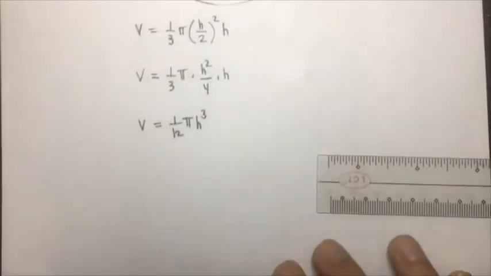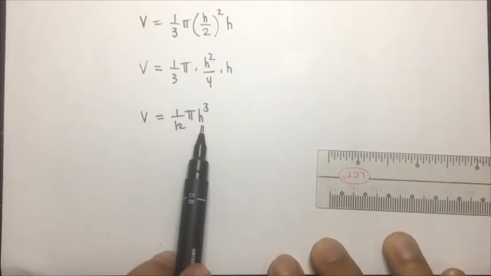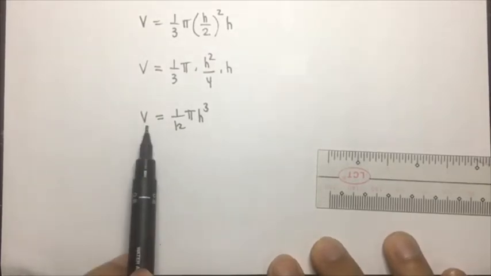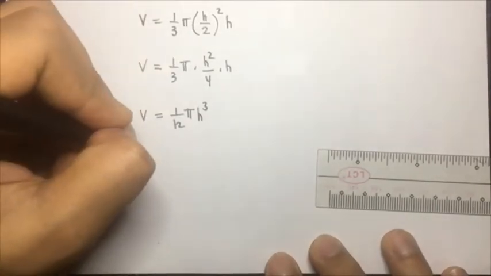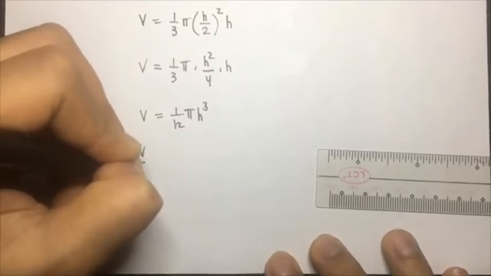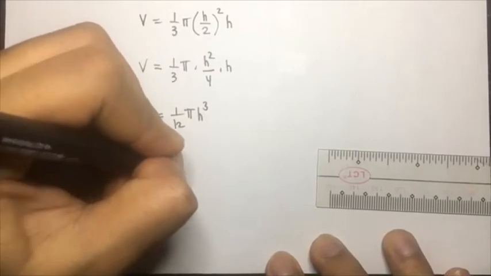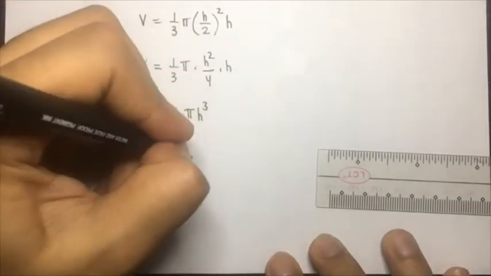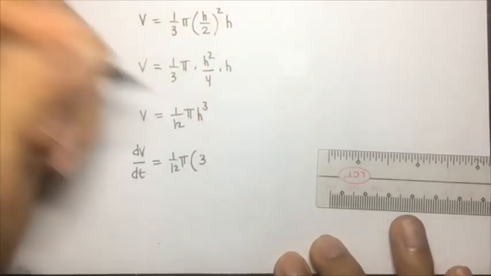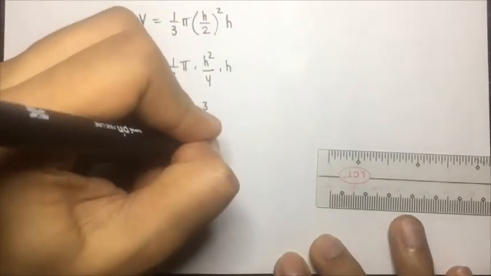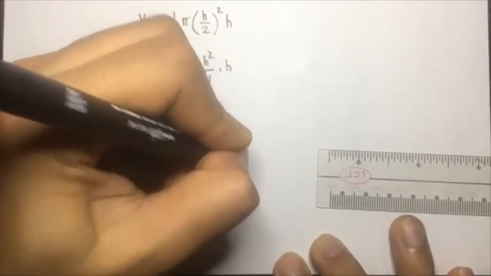Okay, so now that we have expressed our volume in terms of one variable only, we can now proceed with differentiating V and h with respect to time. Okay, so dV over dt is equal to, writing the numerical coefficients, 1/12 pi multiplied by the derivative of h with respect to time, so we have 3h squared times dh over dt.